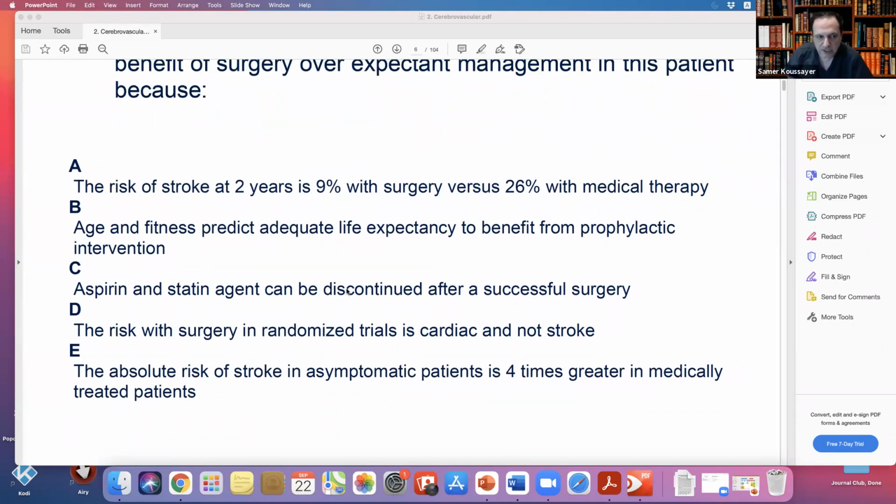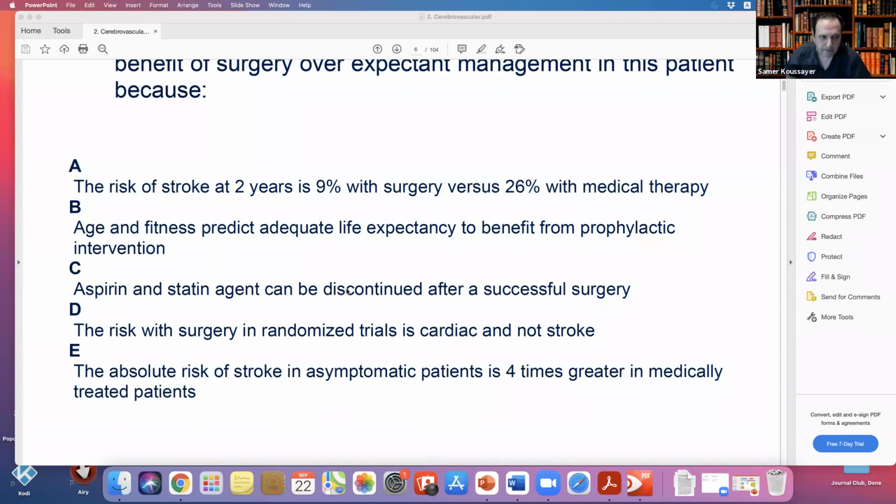When cardiology came on board and started advertising for stenting, they started looking at cardiac outcomes because they wanted to balance the high risk of stroke with the stent. But the ACAS studies talked mainly about stroke. They were looking only for stroke. So in my trial, the main risk was stroke, not cardiac.